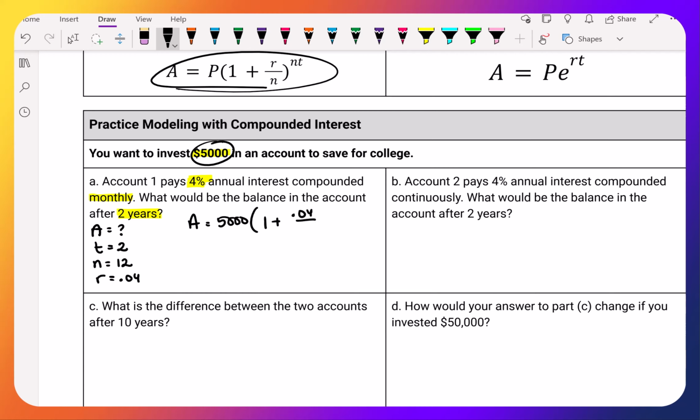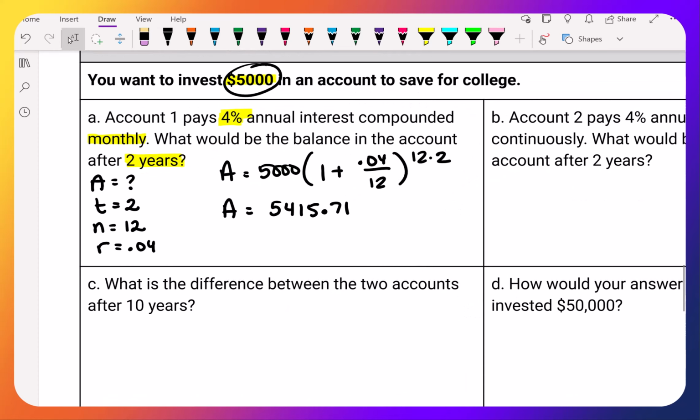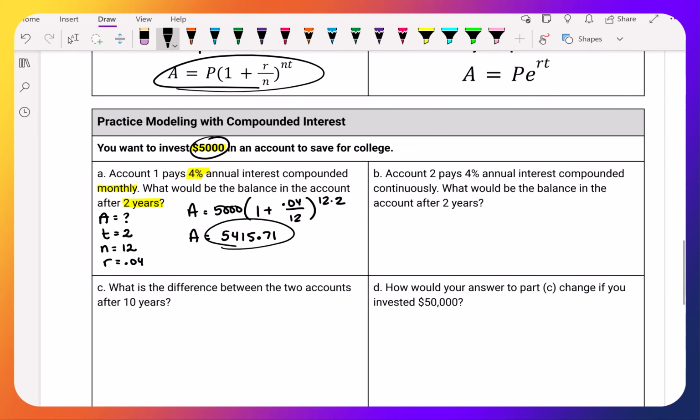Your rate's 4%, compounded 12 times, and then make sure that you write it up here in your exponent times t of 2 years. All right, go ahead and type that into your calculator and let's see what we get. Since it's money, I need to round it to 2 decimal places, and I wind up with $5,415.71. Okay, on to the new stuff.